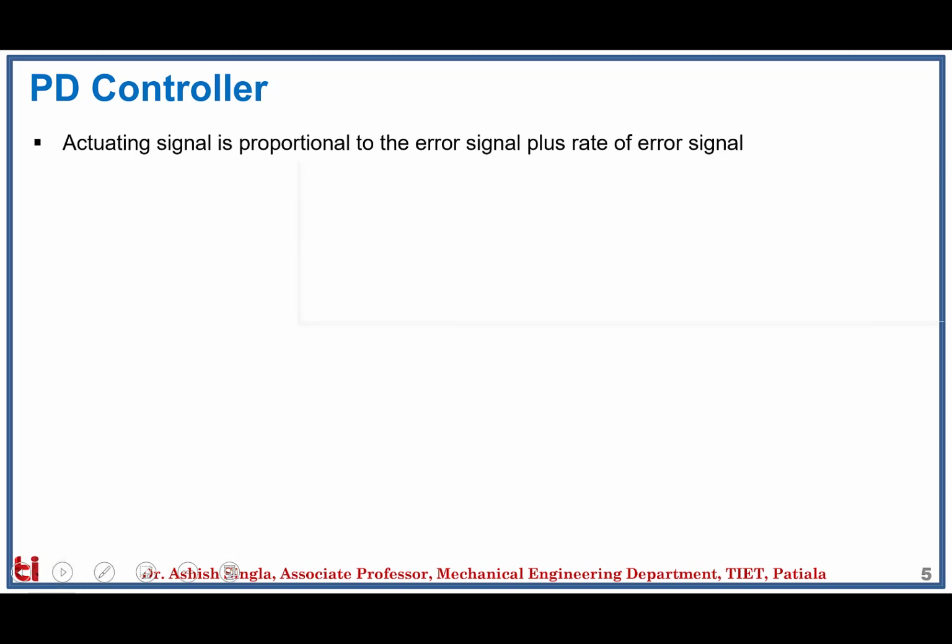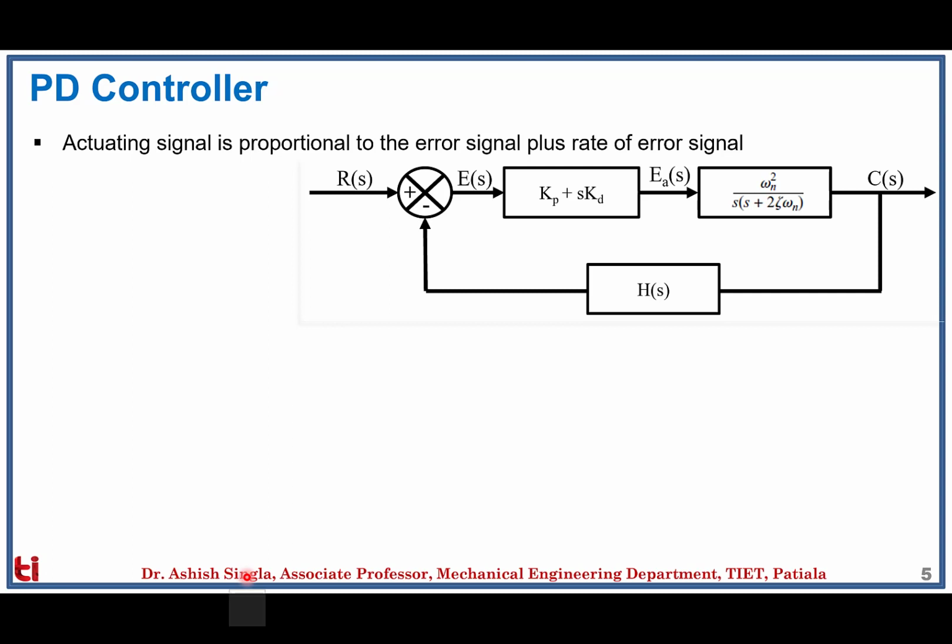Next, we can see that the open loop transfer function for the PD controller is written as Kp plus s Kd into omega n square upon s square plus 2 zeta omega n s, and H(s) in this case is unity.